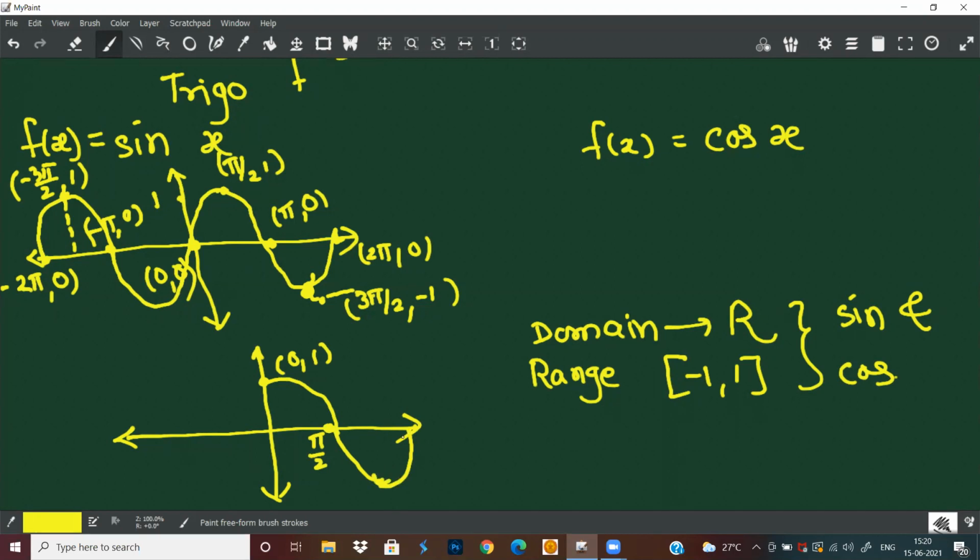Are you getting it? You follow the pattern, same pattern है, but lag है उनमें. Correct? ये है π.